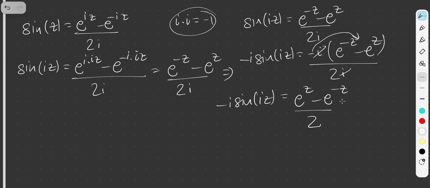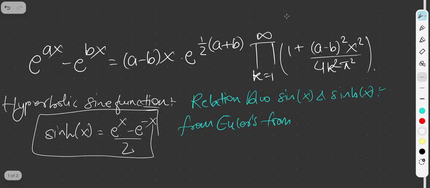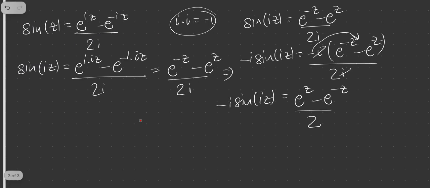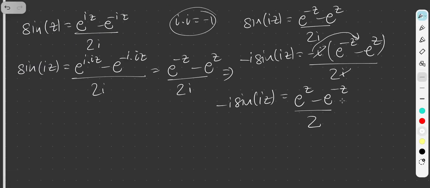And guess what? From the very first page, let me get over here, we took the definition of sinh of x, the hyperbolic sine of x, as e to the x minus e to the minus x over 2. And what we have got so far is the same stuff, so it's your sinh of z. Finally we can talk about the relation between the trigonometric sine function and the hyperbolic sine function.